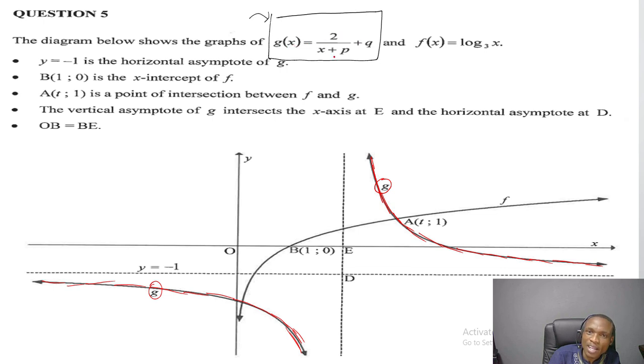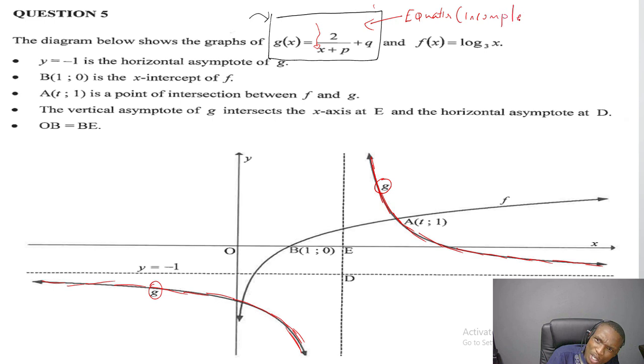2 over x plus p, plus q. And I told you that as long as x is in the denominator, the function you are looking at is a hyperbola function. So I have a hyperbola function equation, but it's incomplete.